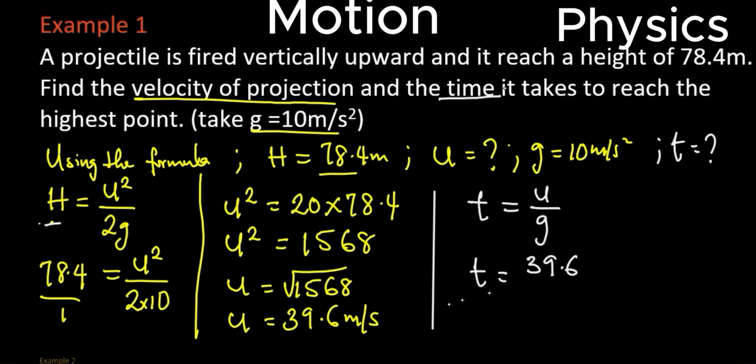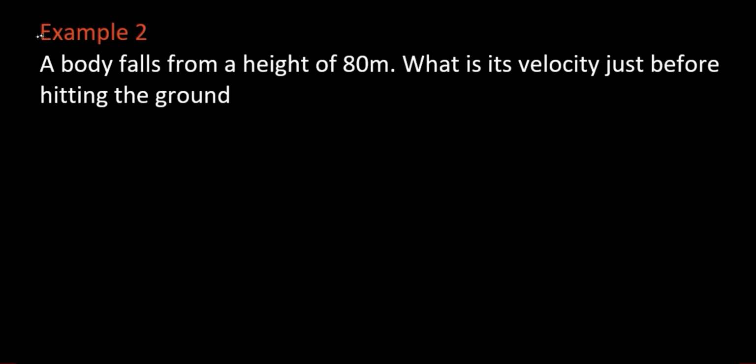The velocity of projection we have gotten, 39.6, is our u, over g, which is 10. So the final answer here is t equal to 3.96 seconds. So that's our final answer for the second part.